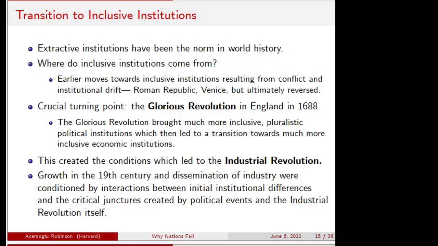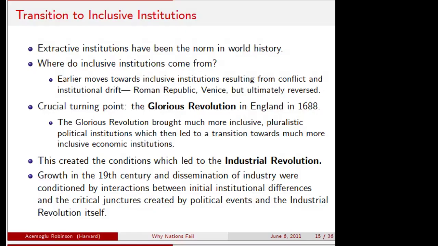When you look at the full sweep of recorded history, whether ancient empires, medieval kingdoms, or colonial regimes, the dominant pattern is extraction, where a small group, the elite or ruling class, extracts the resources and labor from the broader population.